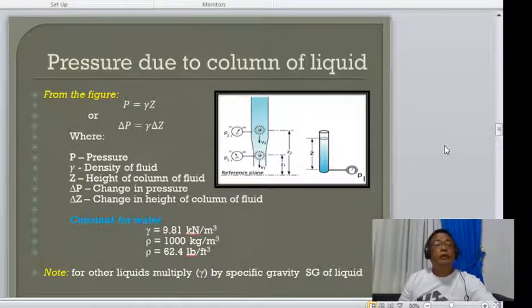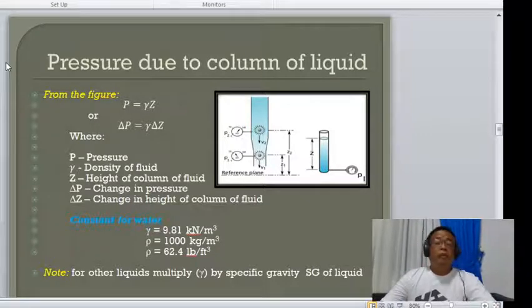Pressure is equal to the unit weight of the liquid multiplied by the height differential between two levels of liquid.